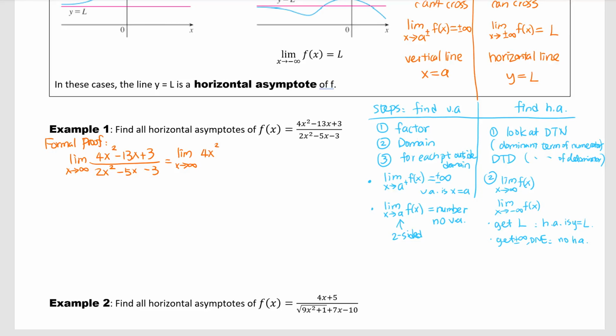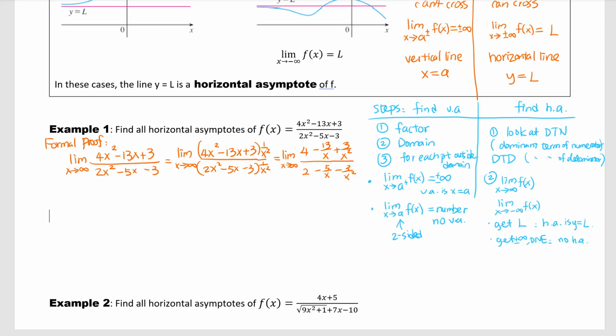So we multiply both by 1 over x squared, and then distribute. We get 4 minus 13 over x plus 3 over x squared on top, and 2 minus 5 over x minus 3 over x squared on the bottom.